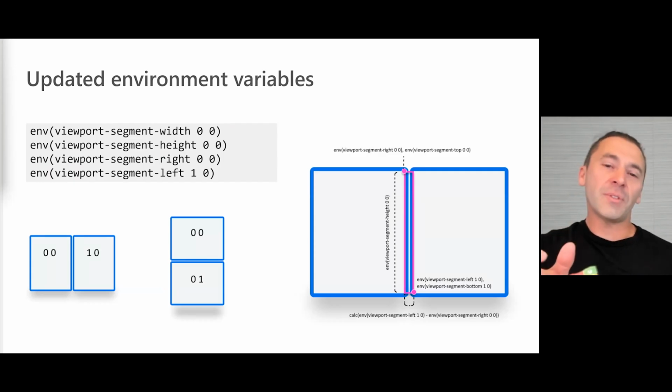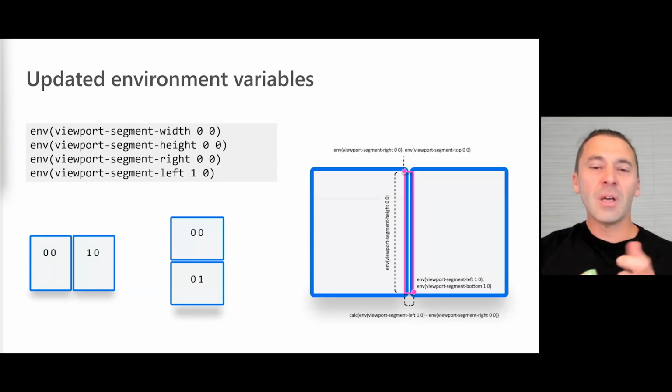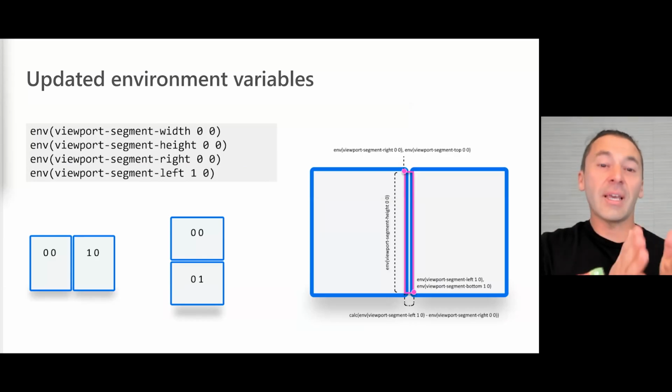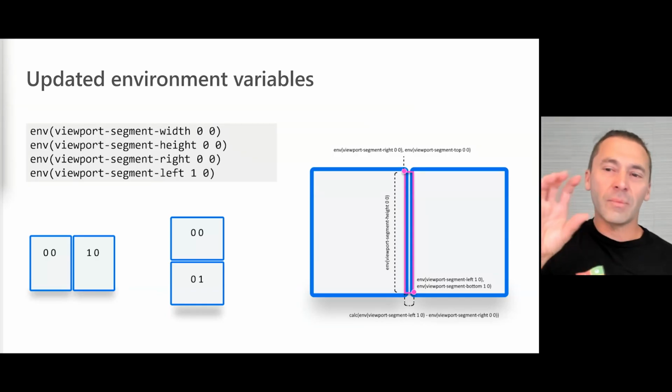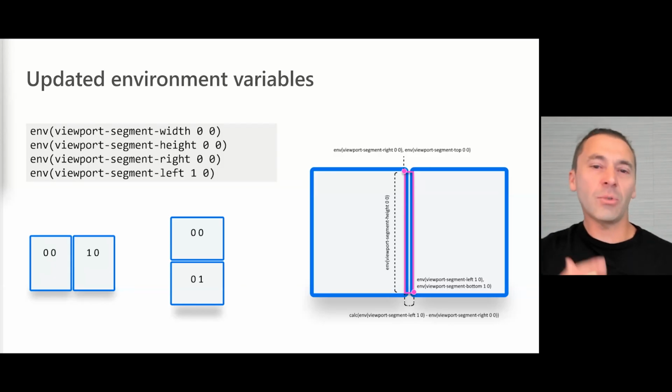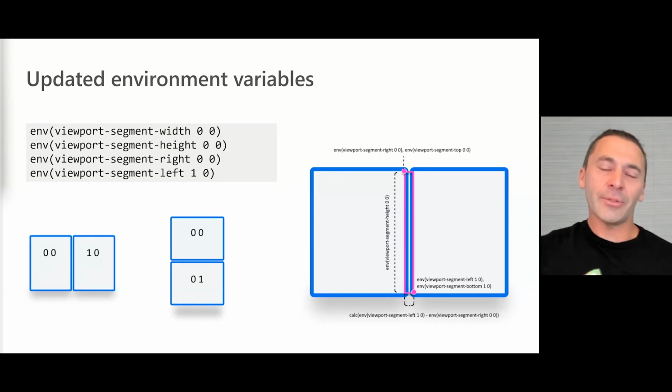So the environment variables now, rather than being a single value, are also indexed with an X and Y coordinate so that you can tell it which screen you're looking at. And I've just listed out the ones that we care about here, 00, 10, 00, 01. And you can now query for any of the values on the screen, like the points and the coordinates that you might need to do a nice layout using these values. And even though we don't care about it right now, that can be extended for many, many screen devices in the future.